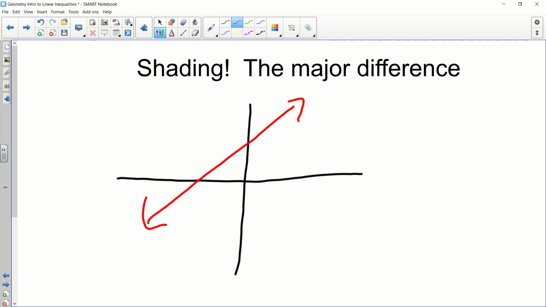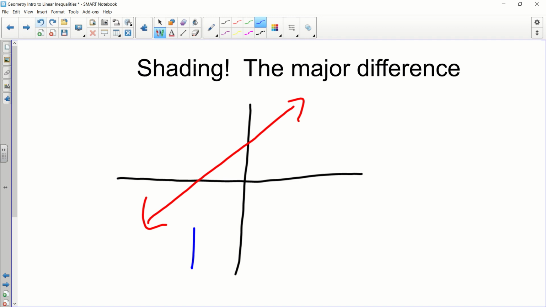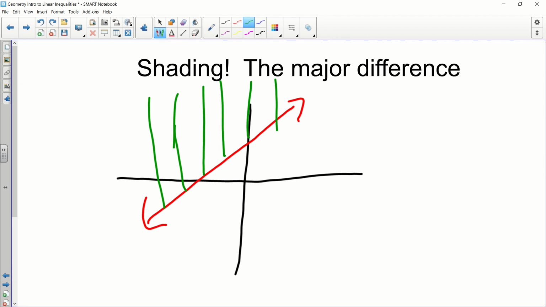That would be a linear equation. A linear inequality will have shading either below, indicating that all the points below the line are also part of the solution. The other option would be to shade above, indicating that all the points above the line are part of the solution.